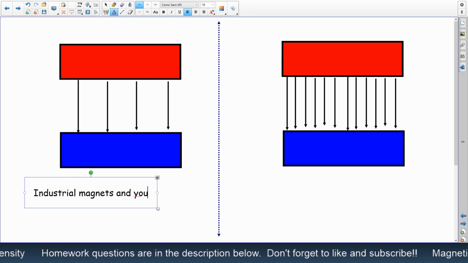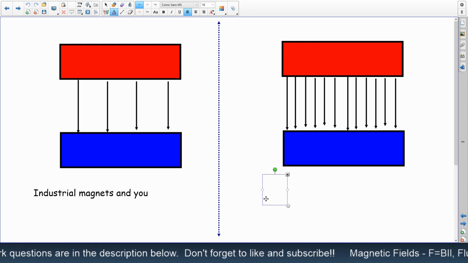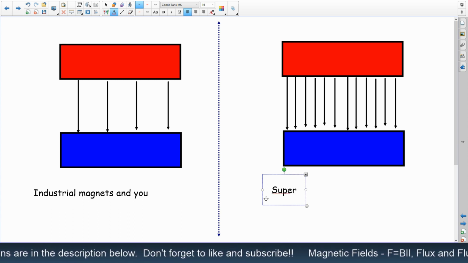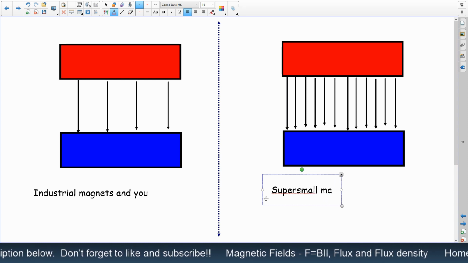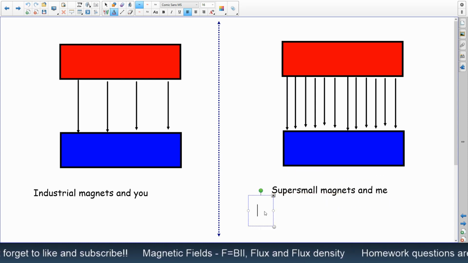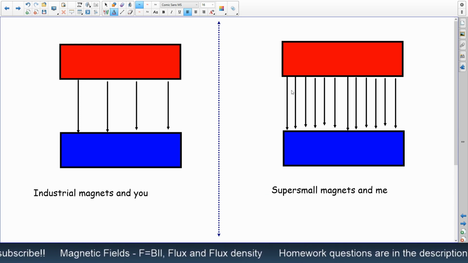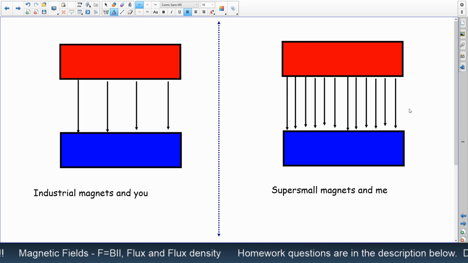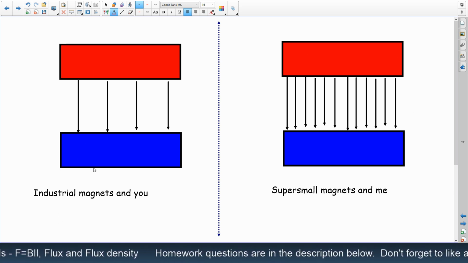Whereas this one is discussing super small magnets. Well, imagine a really strong super small magnet. A really strong super small magnet is still going to be weak by comparison to a weak industrial magnet.